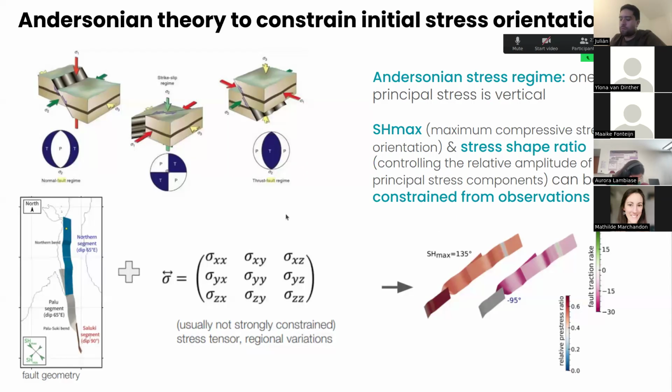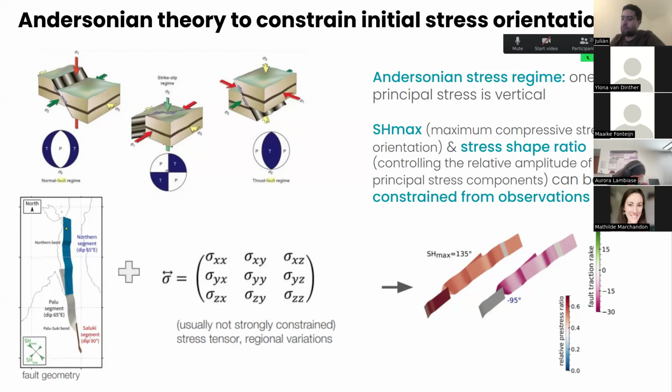In an Andersonian stress regime, one principal stress is vertical, and depending on which one is vertical, we have either a normal fault regime, a strike-slip regime, or a thrust fault regime.